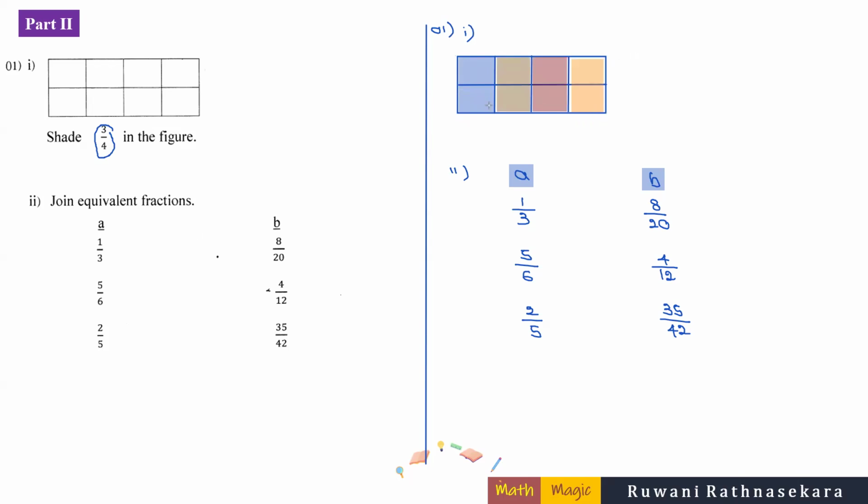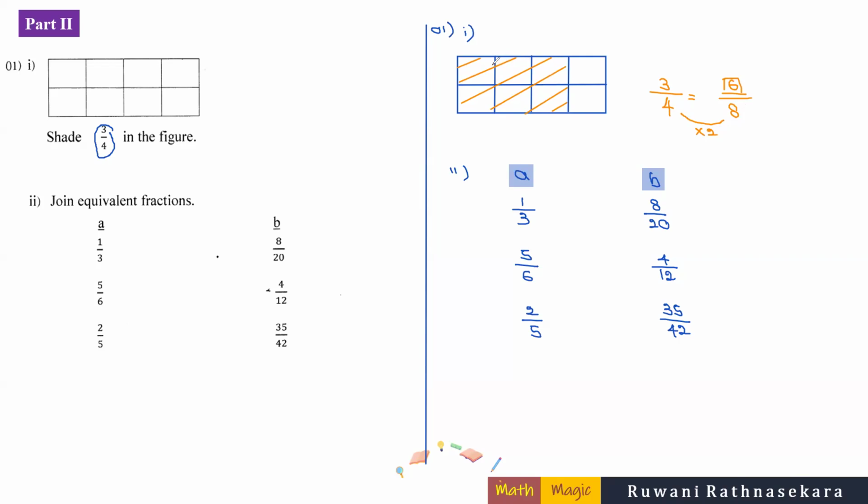If you shade 3 out of these, like this, that's correct. But they don't use colored pens to shade diagrams in fractions. Please use the pencil and the ruler to draw lines like this. Right? Otherwise, if it's 3/4, how many parts out of 8? 4 times 2 is 8. Therefore, 3 times 2, which should be 6 parts. 1, 2, 3, 4, 5, 6 shaded.